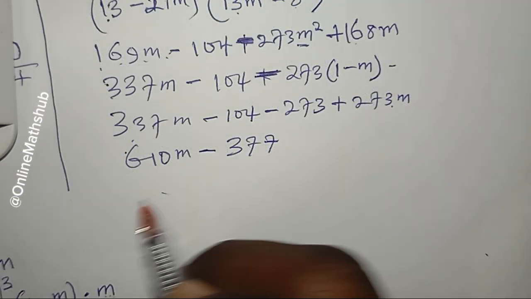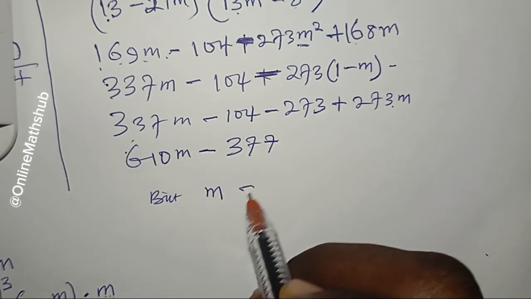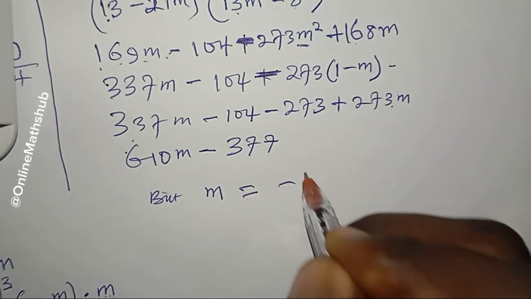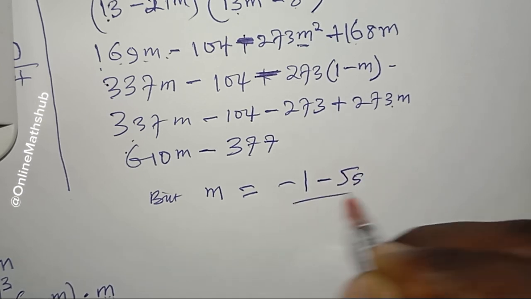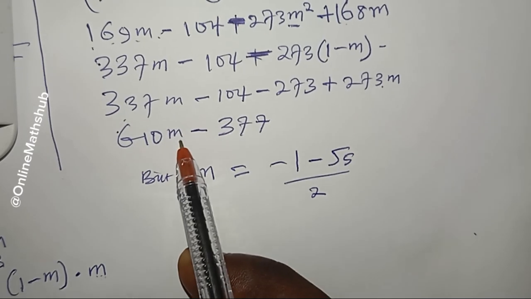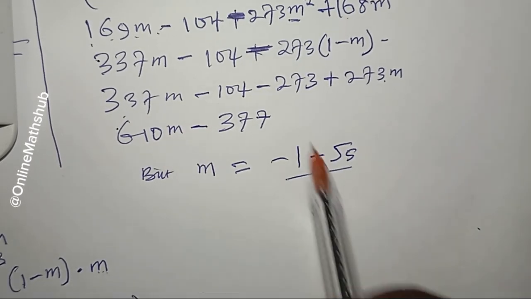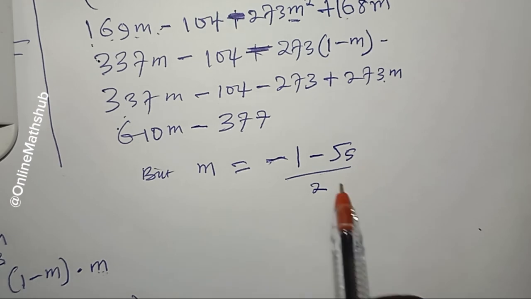Okay, so this is what we have at this point, but don't forget that we actually set our m to be equal to minus 1 minus root 5 divided by 2. So what we're going to be doing is just to go ahead to substitute the value of m so that we can find the value of the expression we are solving.